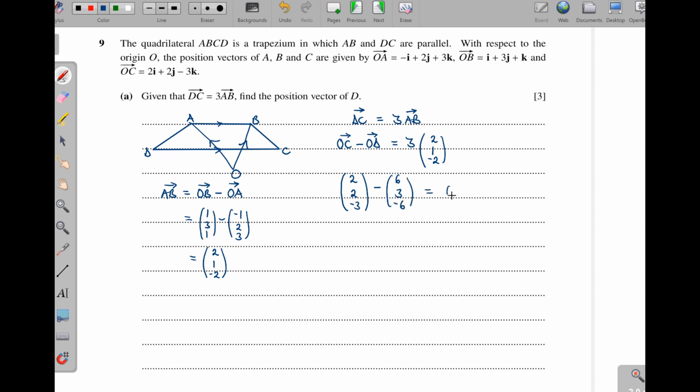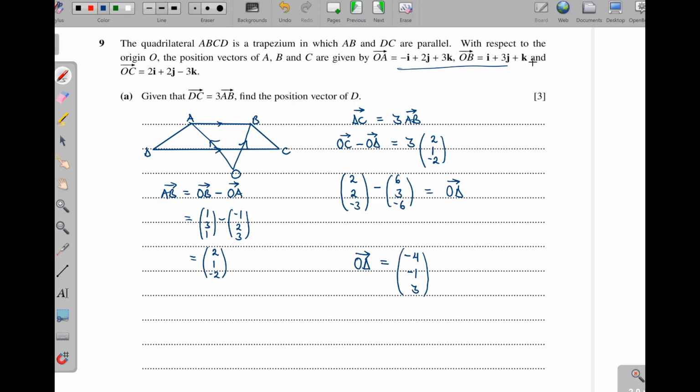Then this one will be equal to the OD. So what is OD therefore? This one is going to be 2 minus 6. That is a negative 4. Then 2 minus 3. That is a negative 1. Negative 3 plus 6. That is a 3. Okay.